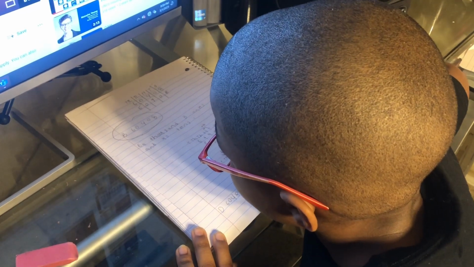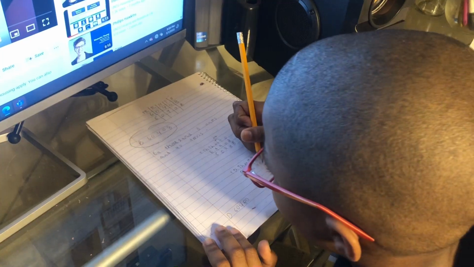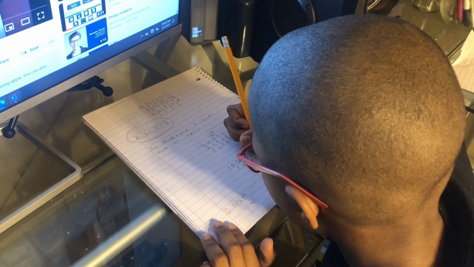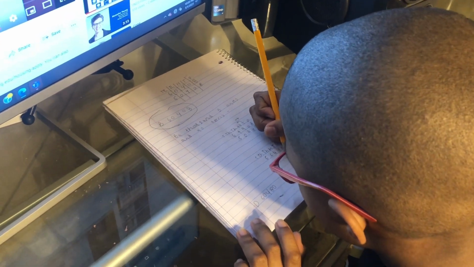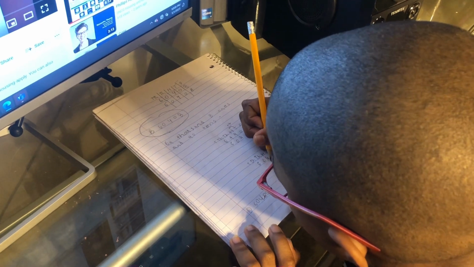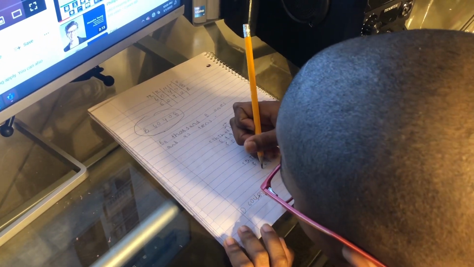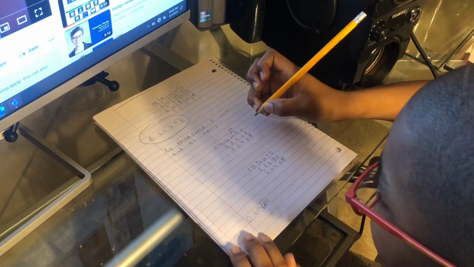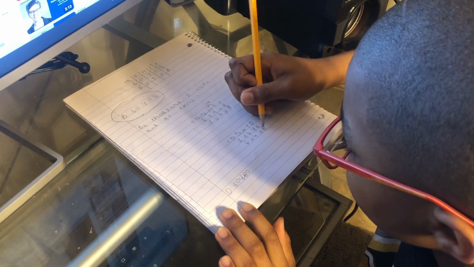Now I'm going to write the original number from the problem in its place value. Starting with the ones, the 8, the tens, the 0, the hundreds, the 4, the thousands, the 0, the 10,000s, the 6. I noticed that the numbers do not match. Choice D is wrong.